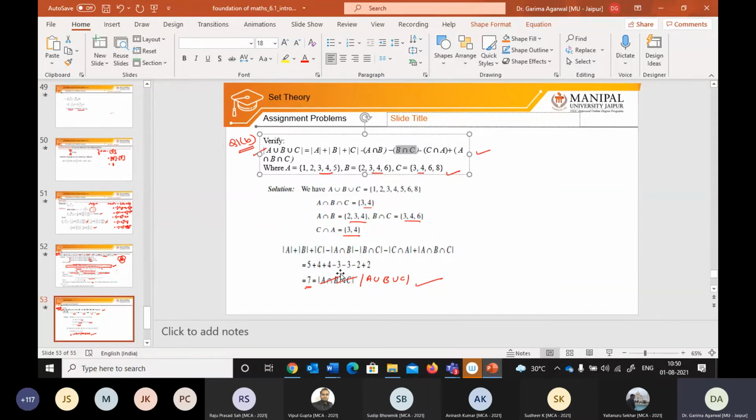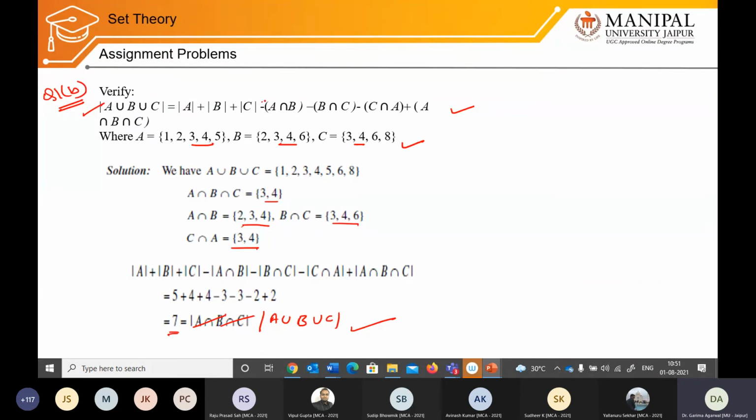Cardinality is the number of elements in the set. Cardinality of A means the number of elements in the set, that is 1, 2, 3, 4, 5 elements, so cardinality of A is 5. Cardinality of A intersection B is 3, because in A intersection B we have 3 elements: 2, 3 and 4. So we are using 3 only. Both the terms are correct. You can use it in that form or use the cardinality notation. Both the terms are the same.